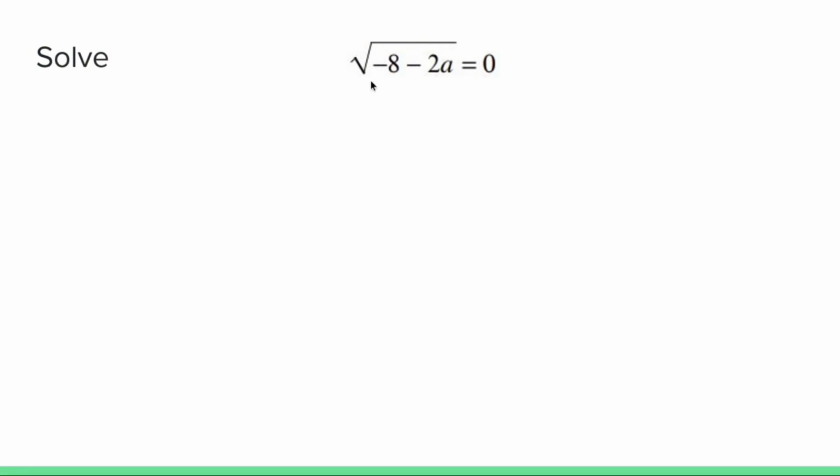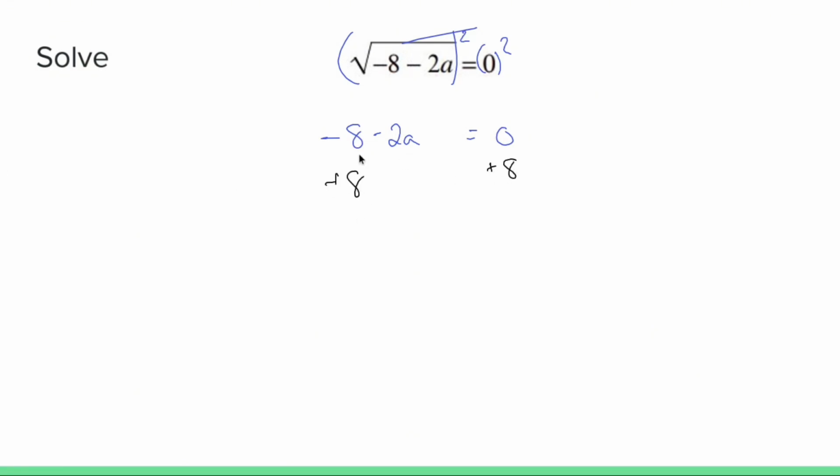Solve the square root of negative 8 minus 2a equals a. All right, so in order to get rid of that square root, and that's all I have on the left side, I have to square both sides. 0 squared is 0. The square root of negative 8 minus 2a all squared is just going to cancel each other out. So you're left with negative 8 minus 2a, and it's just a two-step equation. Add 8 to both sides.